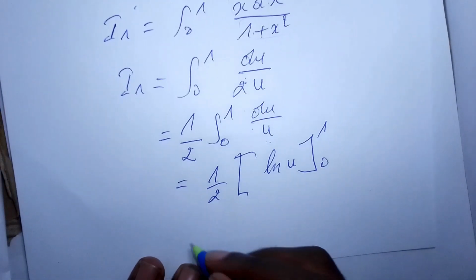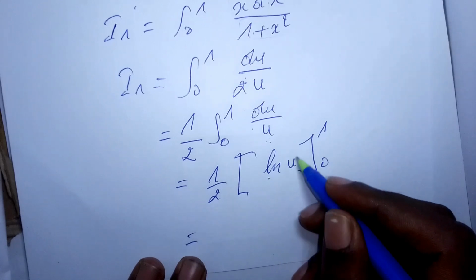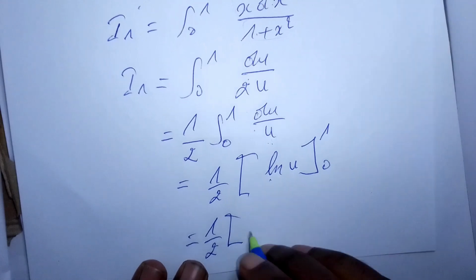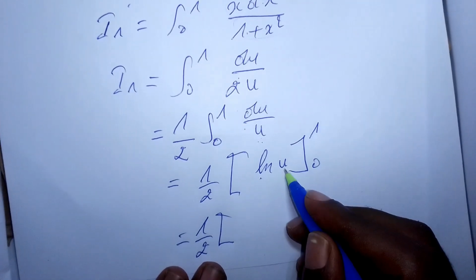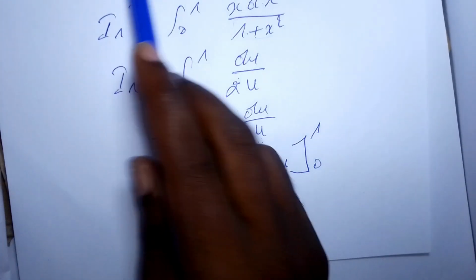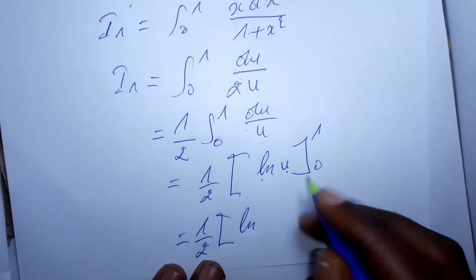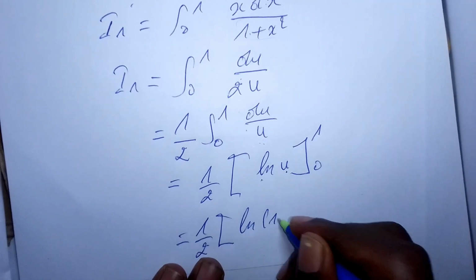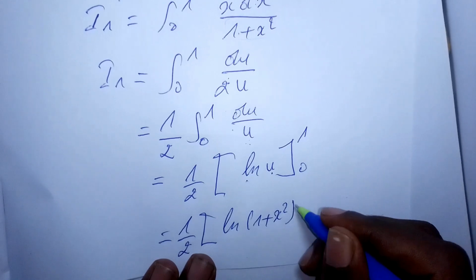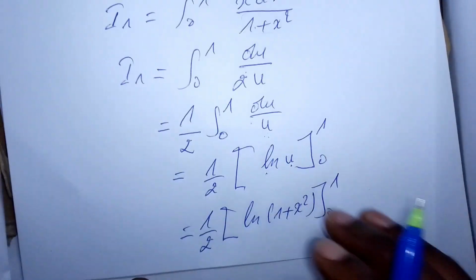Now we replace the value of u, which we supposed equal to 1 plus x squared.